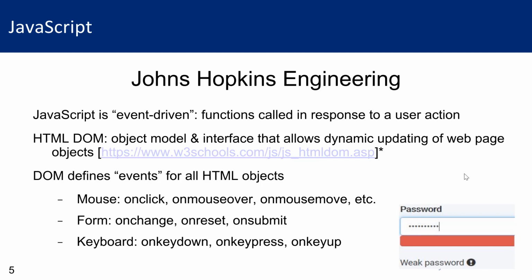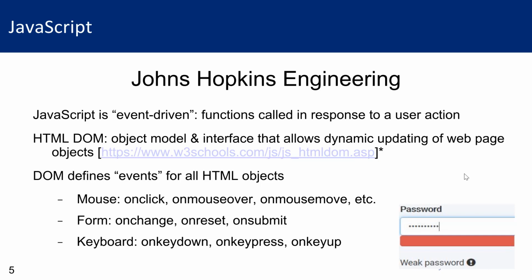The key thing to know about here is something called an HTML DOM. DOM stands for Document Object Model. It's a model and interface that allows you to dynamically interact with the elements on a web page in such a way that it allows you to update those objects. I've included a link here for reference.